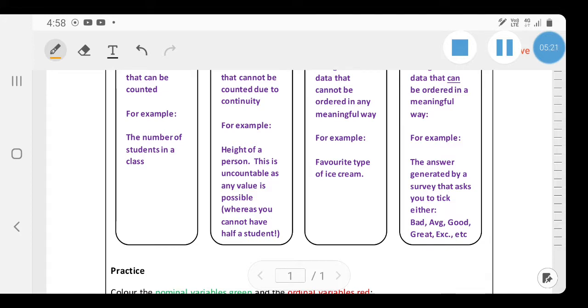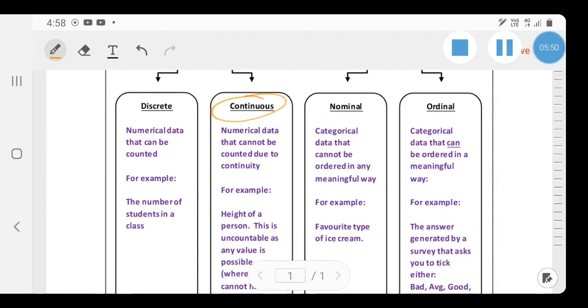And then it's always possible to find someone who is between 180 and 180.5 centimeters tall, so 180.125. In fact, it's possible to find someone who's 180.000000001 centimeters tall. So there are infinitely many height values, okay? Which means it's not a countable variable, it's continuous. So that is the difference.